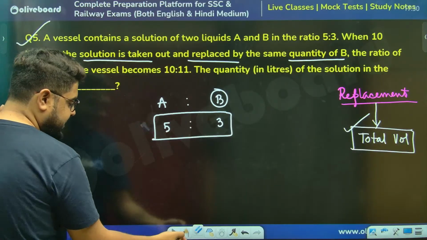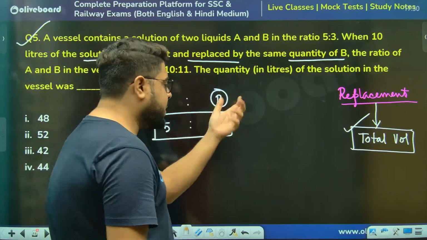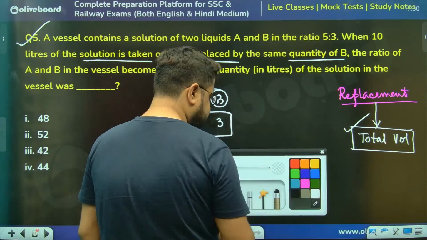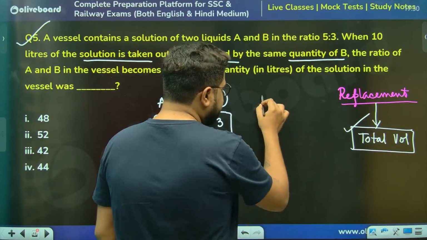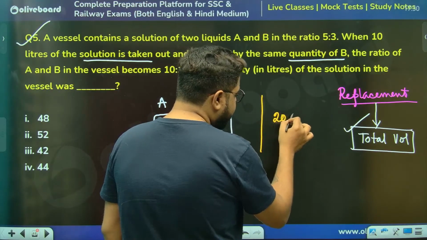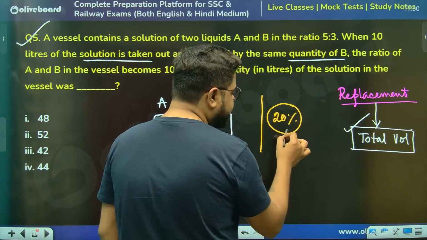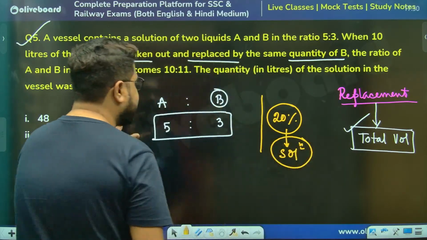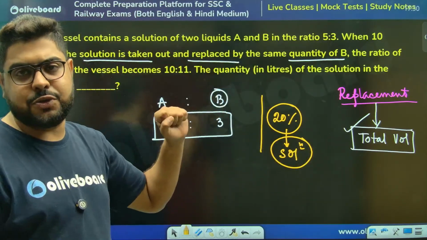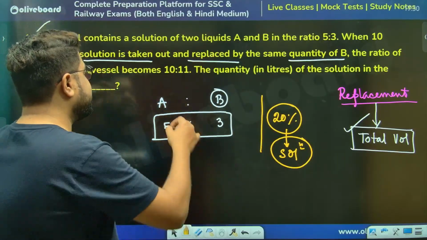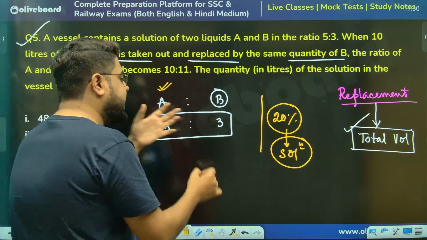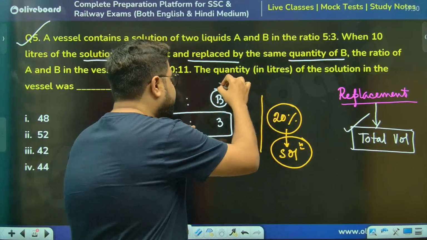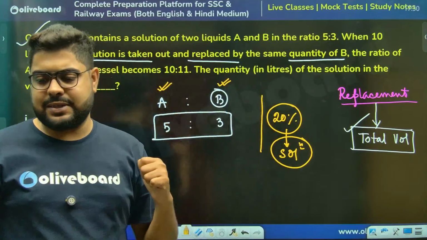Think about percentage. If I pick out 20% of the solution, that means from A also I'll take out 20%, and from B also I'll be taking out 20%.